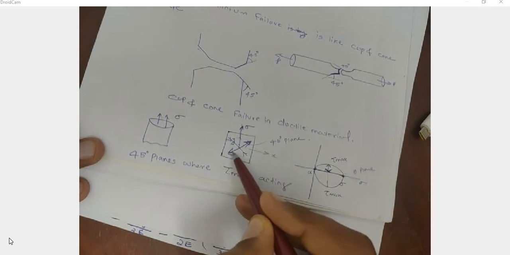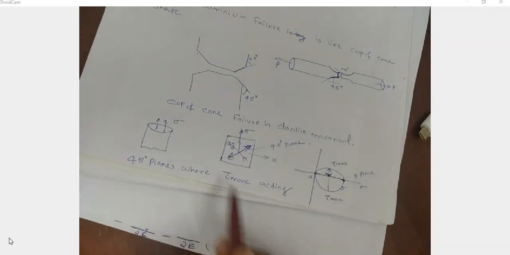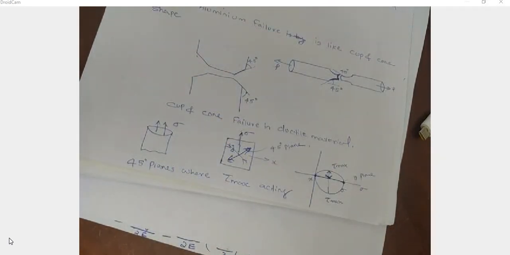So if the sigma is acting in the y direction, there is a shear stress in the diagonal direction, that is at an angle of 45 with the loading axis. So that is the reason for this 45 degree angle failure for a ductile material.